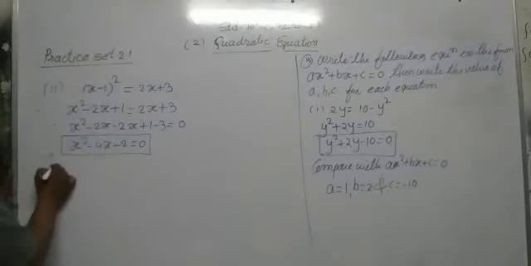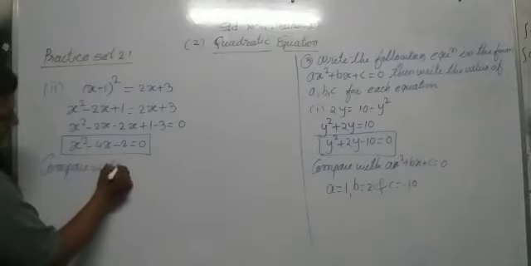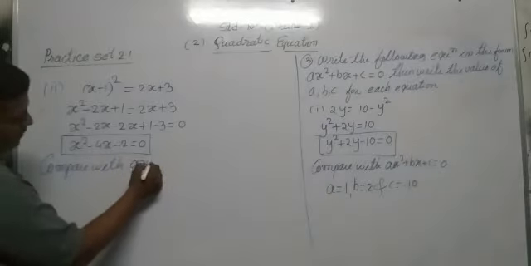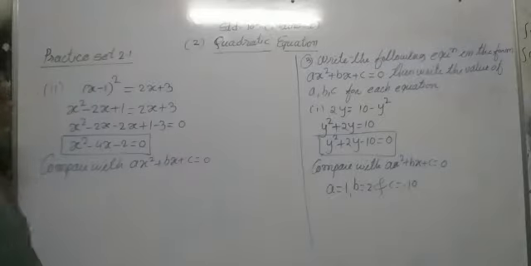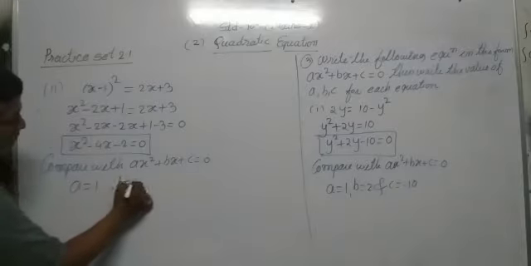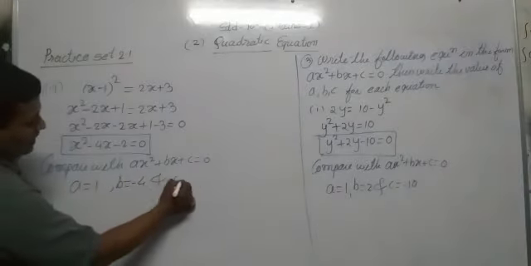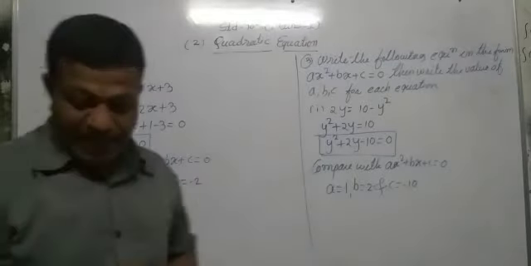Now compare with our standard form ax square plus bx plus c is equal to 0. We get here a is equal to 1, b is equal to minus 4 and c equal to minus 2. Now also we have the next example.